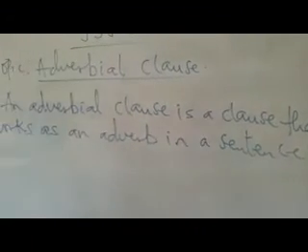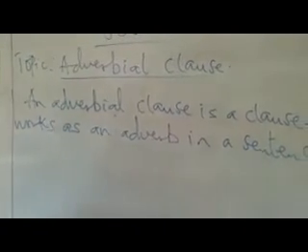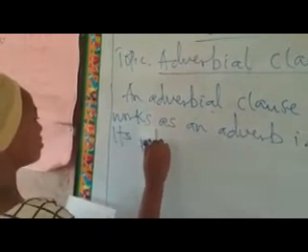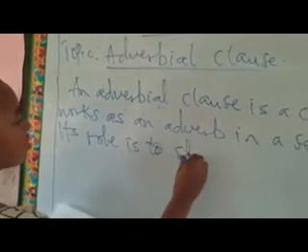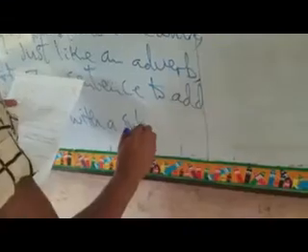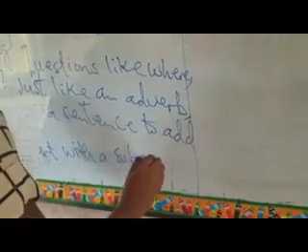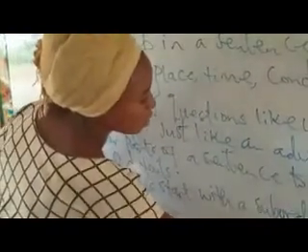Okay, an adverb clause is a clause that works as an adverb in a sentence. Its role is to show place, subordinate, with a subordinating conjunction.